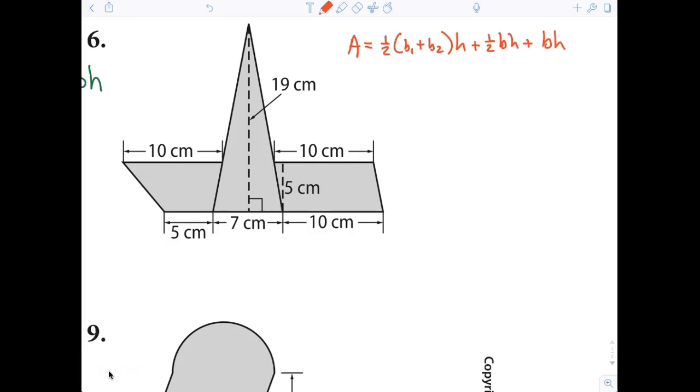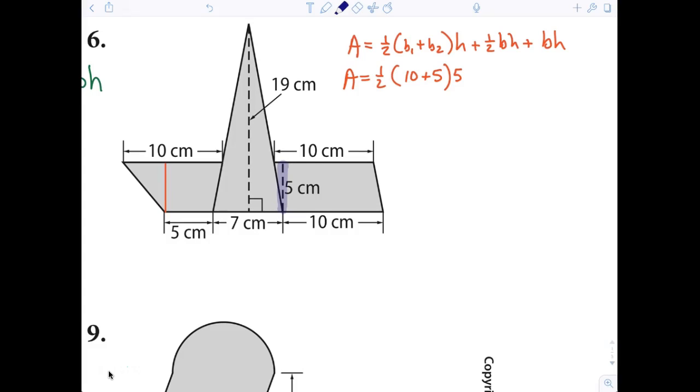Make sure you're writing that down, guys. It's very helpful. All right, so now, for the trapezoid, what are the two bases? 10 and what? Yes. Now, what's the height? Remember, the height is always the perpendicular distance, so sometimes it's better if I just draw in the height. Yes, there you go. The height is right here. It's 5 right here.